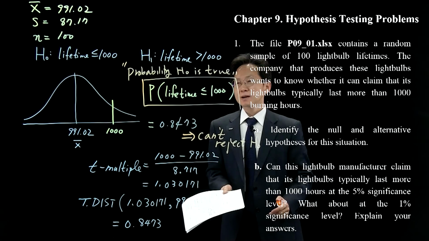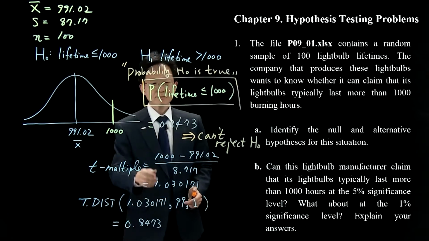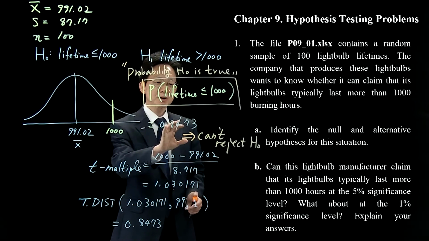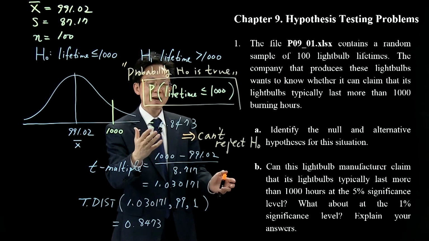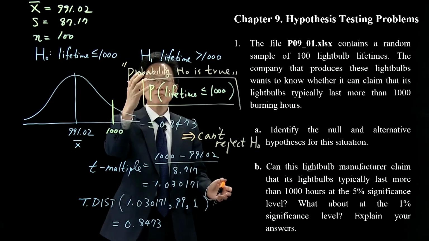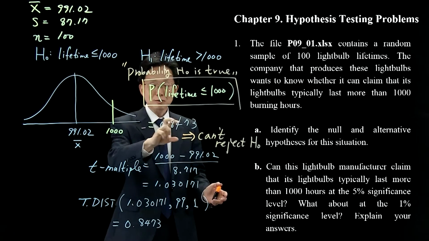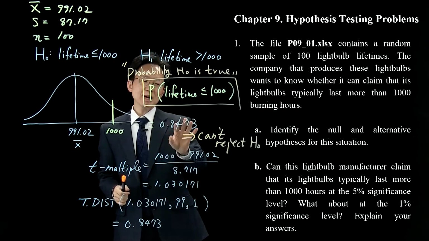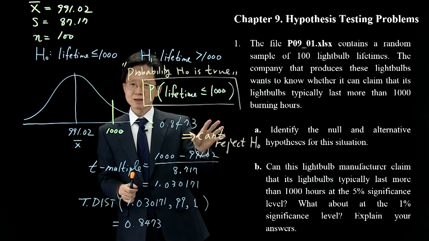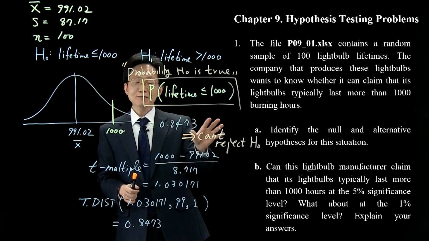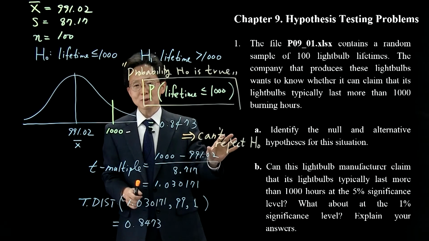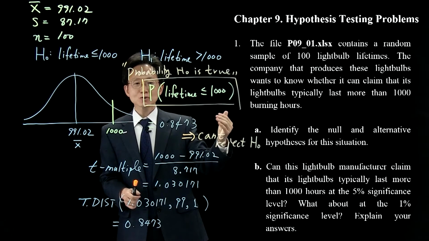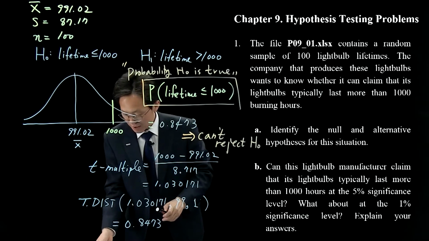If we consider a 5% significance level, that requires us to show some sort of evidence that the probability H0 is true is small. But 0.85 is so huge, and at 5%, at 1%, we cannot reject the null hypothesis.